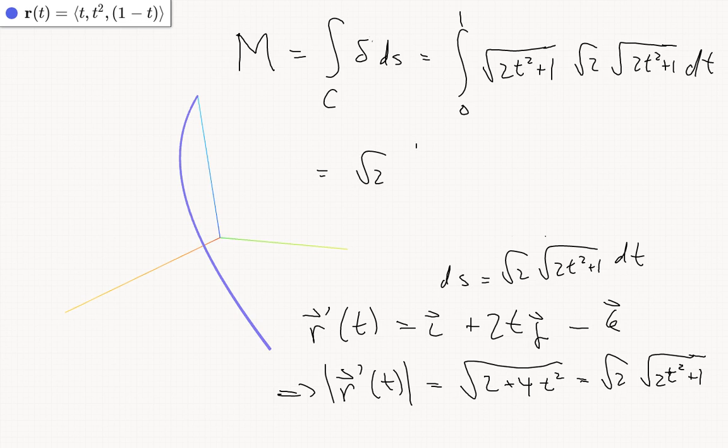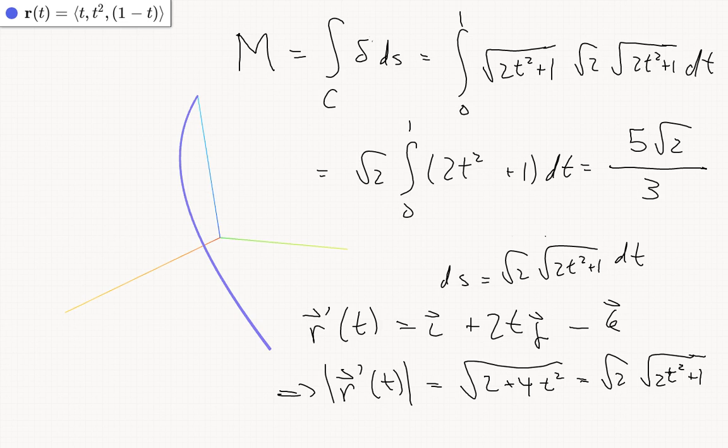So this is root 2 integral 0 to 1 of 2t squared plus 1 dt. And I'm just going to plug these integrals into Wolfram Alpha to evaluate them, and then write down the answer here, since we know how to evaluate integrals like this by now. Okay, so the mass we find is 5 root 2 over 3.